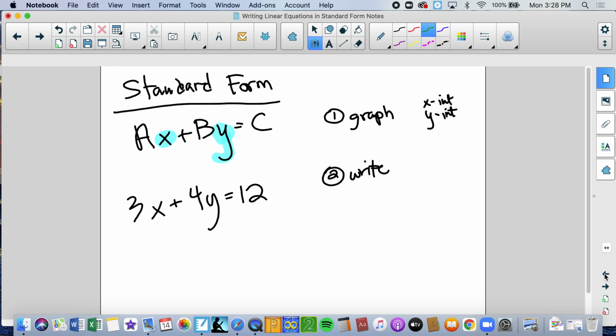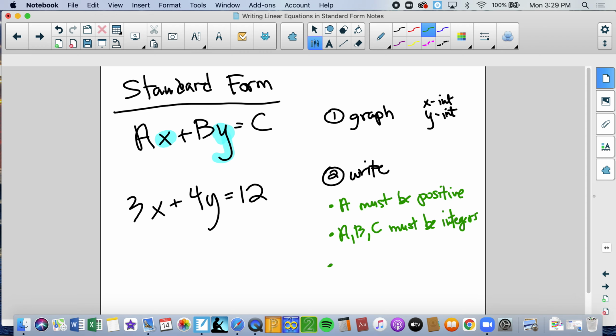One last thing we want to talk about when writing in standard form: we need to remember these three criteria that need to stay true. A must always be positive, a positive number. A, B, and C must be integers.